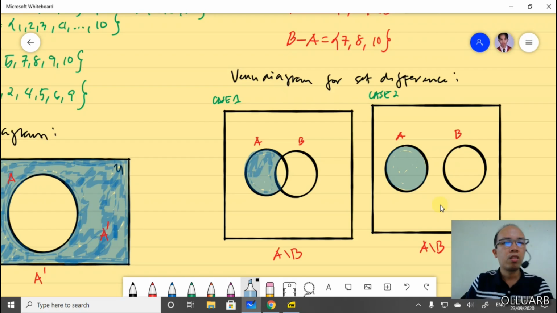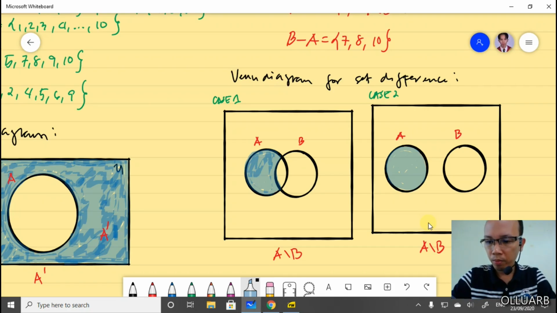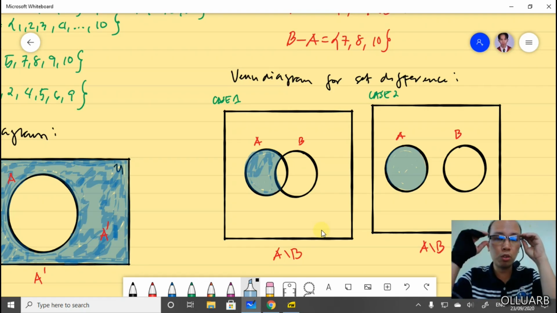So how will you recall or study if you are asked to shade the region using set difference? Just imagine this very simple illustration.